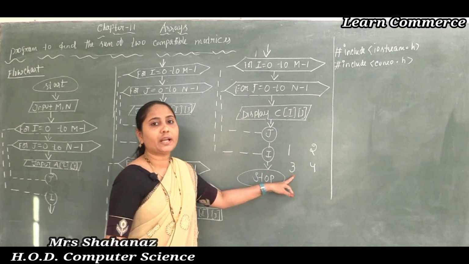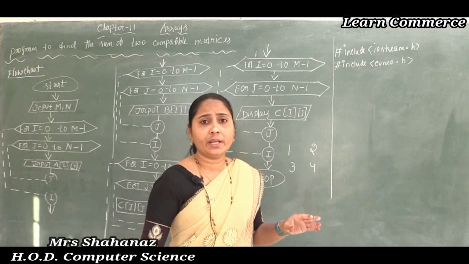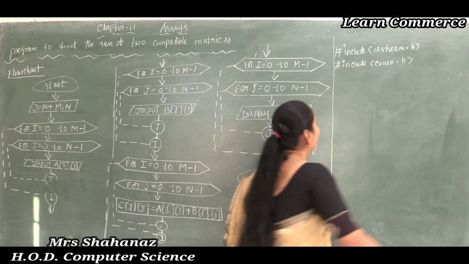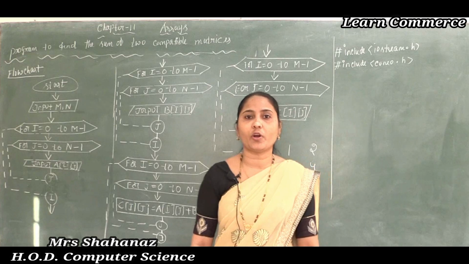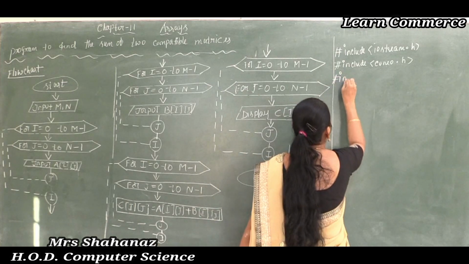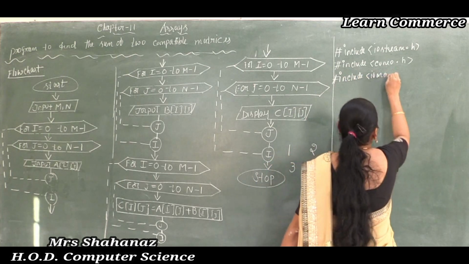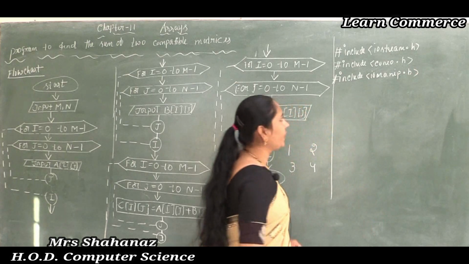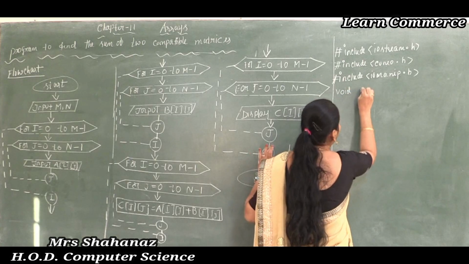If you want to show, then sure we need to use the header file iomanip.h, but this header file is used for the CLRSCR and also for the GETCH. Now the third header file I am using is hash include iomanip.h, okay.